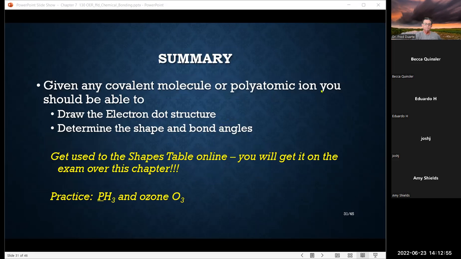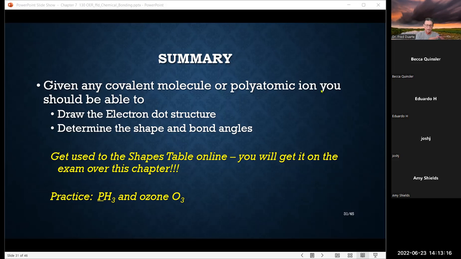Okay, so to summarize all this, given a compound or a polyatomic ion, specifically a covalent compound, because bear in mind the ionic compounds are not bonded, they have no factor here when figuring out the structure.